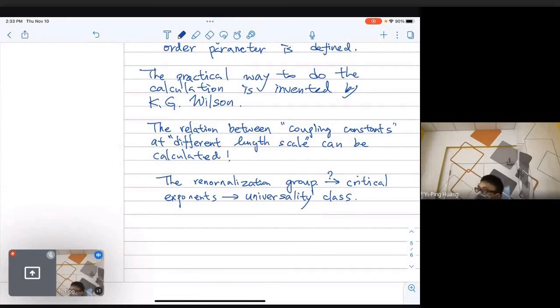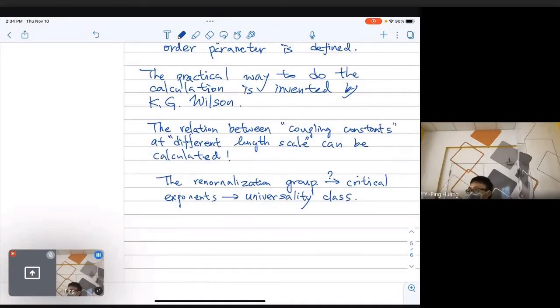And another experimentalist is working in a completely different system. He or she is studying something like a liquid, and how liquid transforms into vapor, okay? So he or she is doing the experimental measurements on a different system, basically water and vapor, and measures the critical exponents, and their group got a different set of critical exponents.